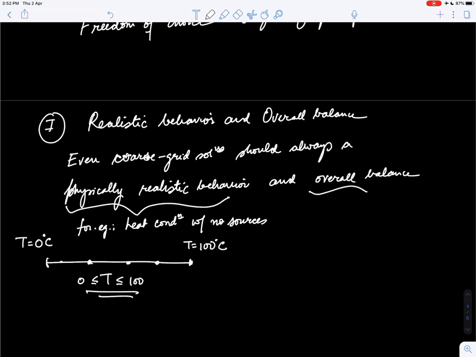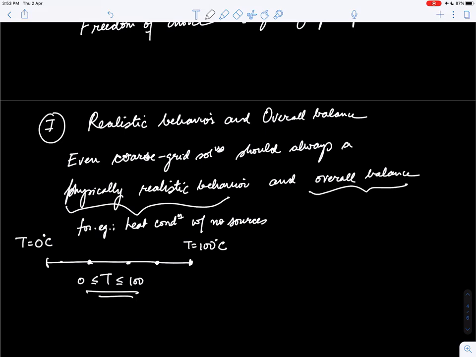Overall balance basically means that we have to have a scheme or a method by which there is complete balance of fluxes entering and leaving the control volume.